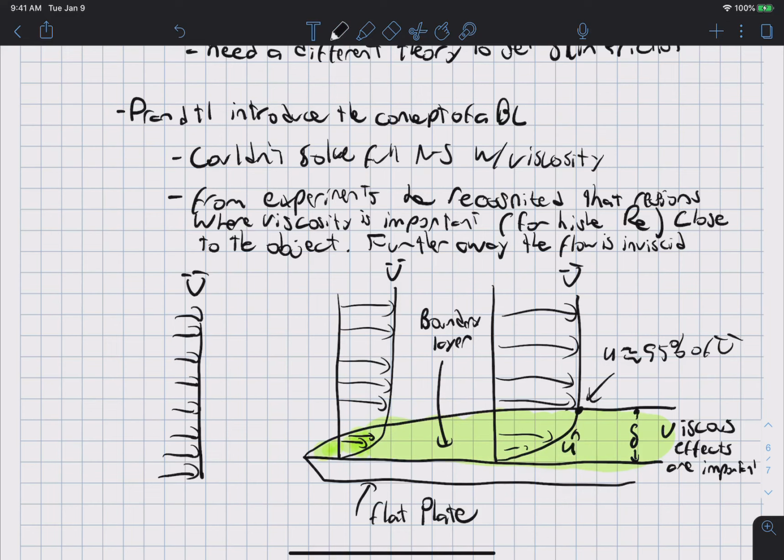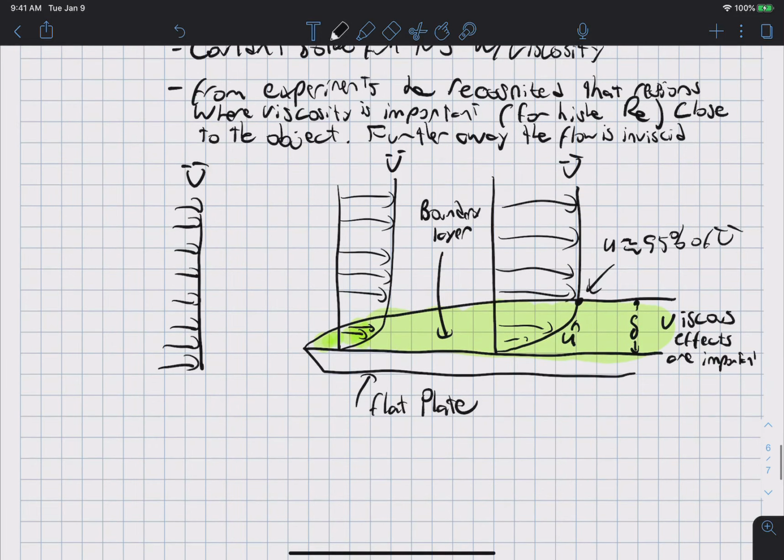What he noticed is that delta is a function of x. That is, the height of this boundary layer increases as a function of distance along the plate.